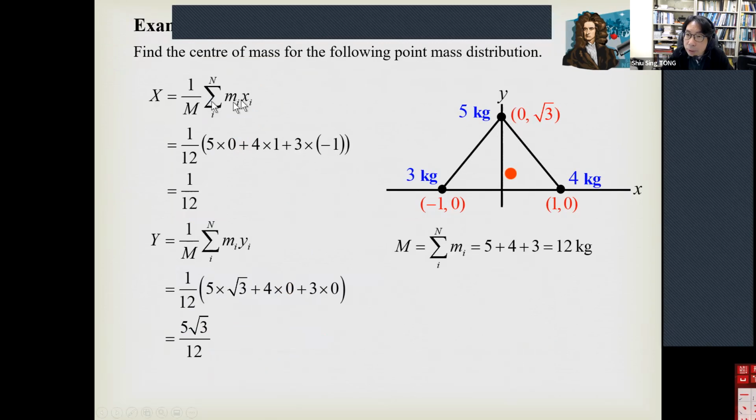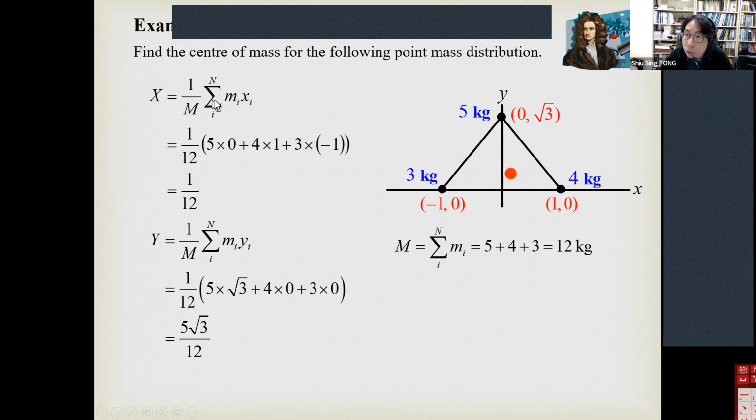In this situation, the y component of the center of mass is not obvious, and also because of the 3 kg and the 4 kg, they are not symmetrical. So the distribution is not symmetrical, so the x coordinate is also not obvious. So you have to go back to the formula to find the x and the y component of the center of mass position respectively.